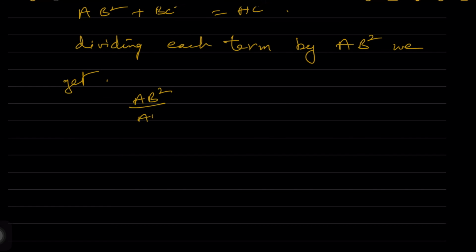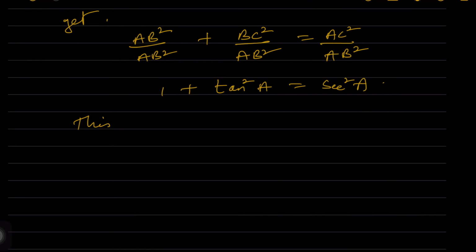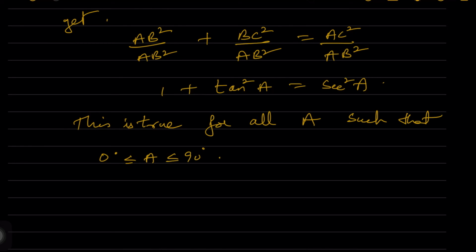So we get AB square by AB square plus BC square by AB square is equal to AC square by AB square, which means 1 plus tan square A is equal to secant square A. This is true for all A such that A lies between 0 and 90 degrees. So these are the three trigonometric identities: cos square A plus sin square A is equal to 1, cot square A plus 1 is equal to cosecant square A, and 1 plus tan square A is equal to secant square A.